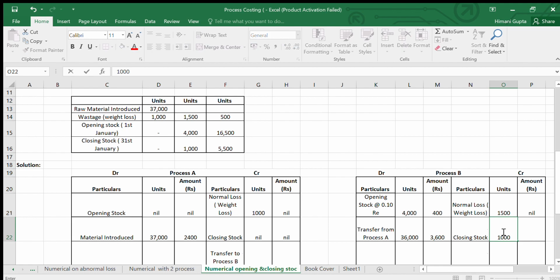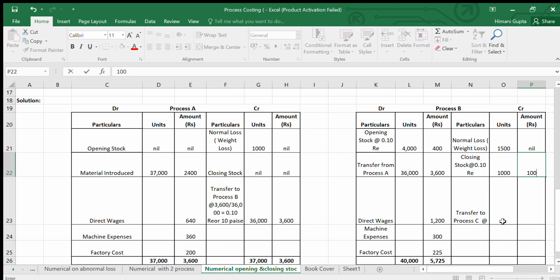Closing stock means the goods which are not manufactured in process B, they are just as they have come from process A. We have not done anything on these units. So the closing stock will also be at the rate of 0.10 rupee. So it will be 100 rupees.